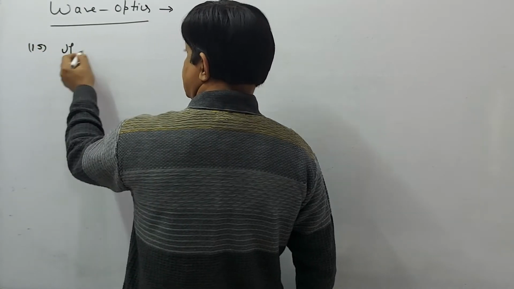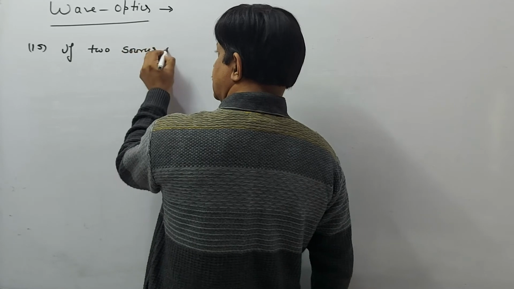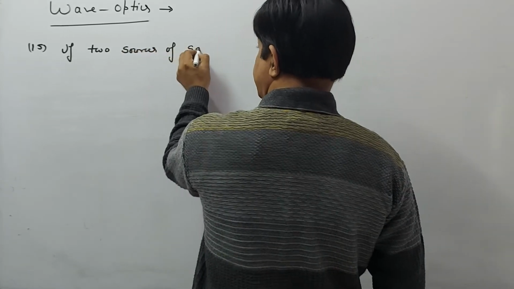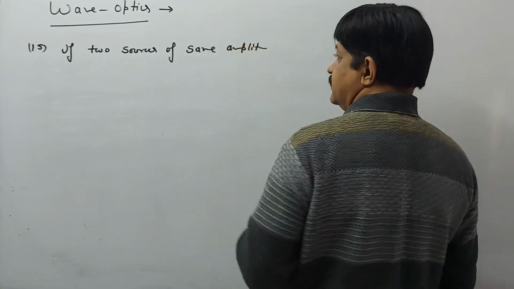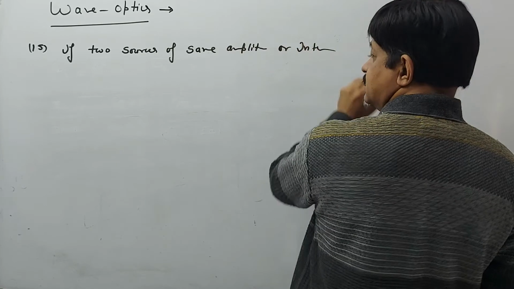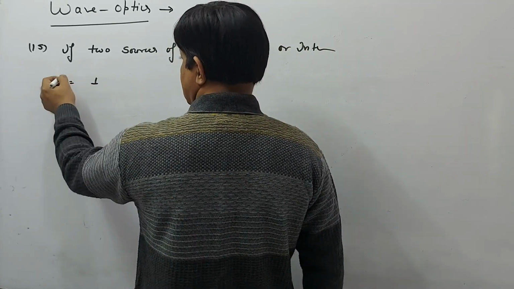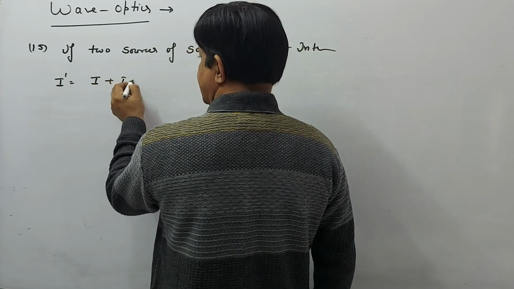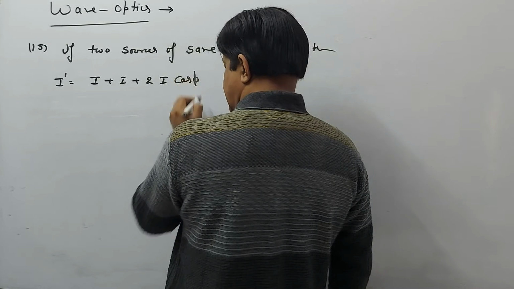If two sources of same amplitude or intensity, I dash is I plus I plus 2I cos phi.